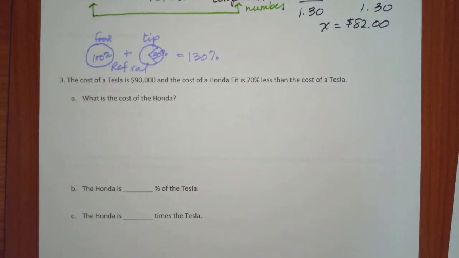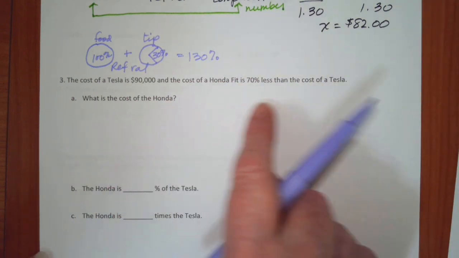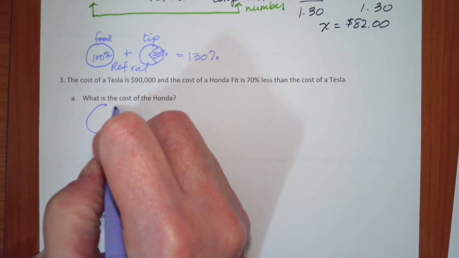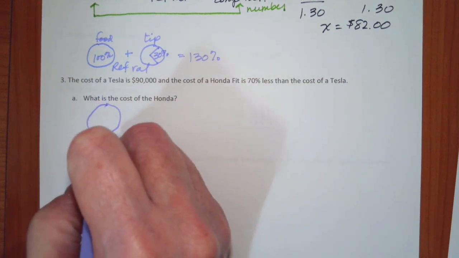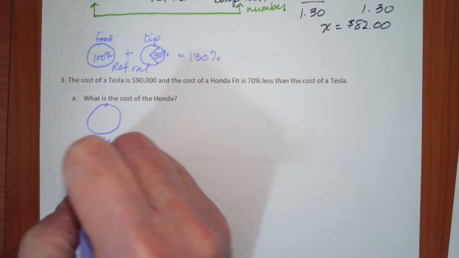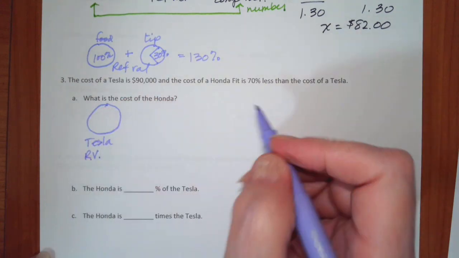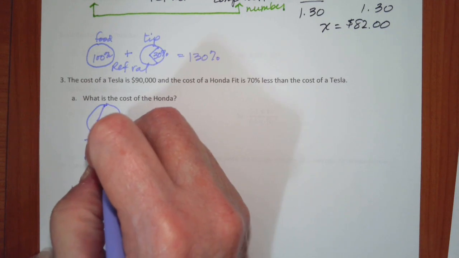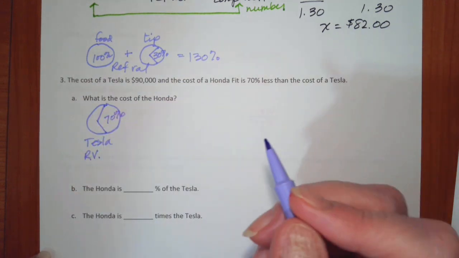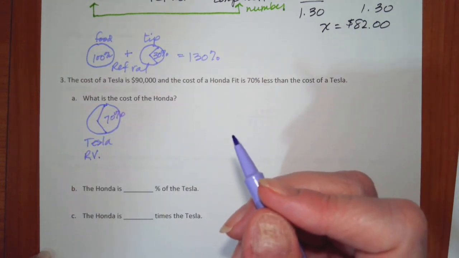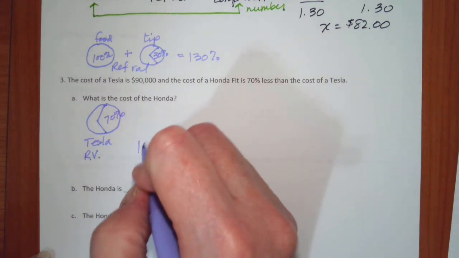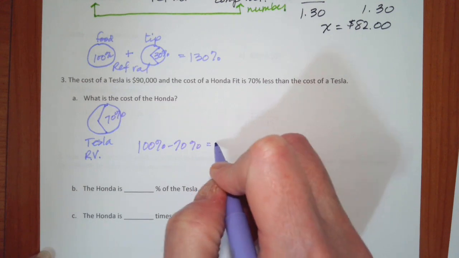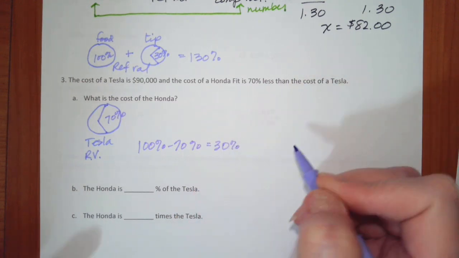Well, since this is less than, I'm going to take the reference value with the Tesla, and then I have to subtract 70%. So 100% minus 70% is 30%.